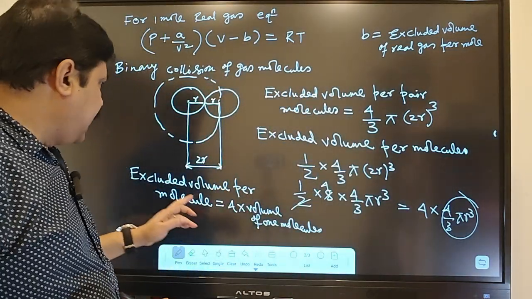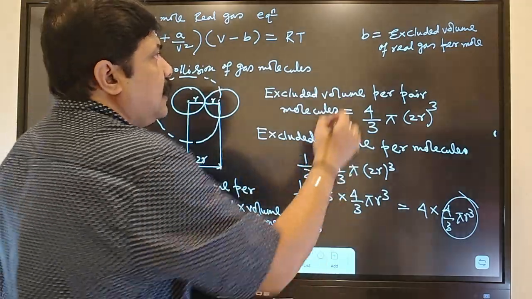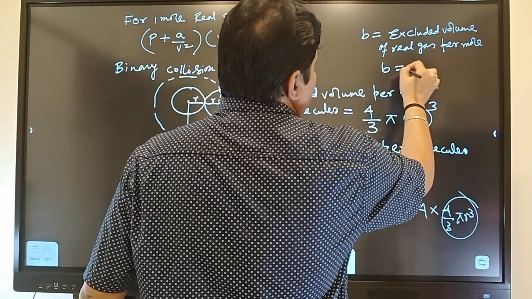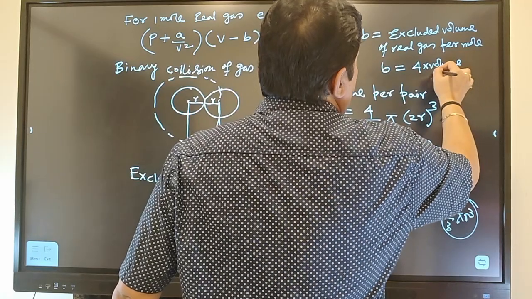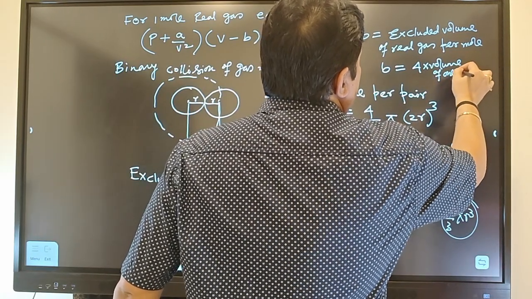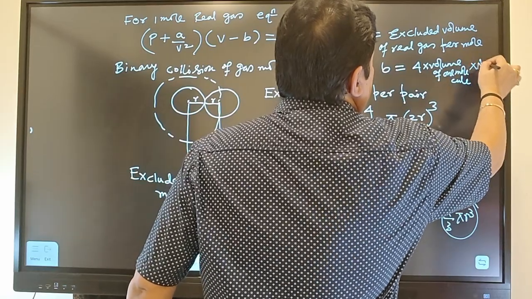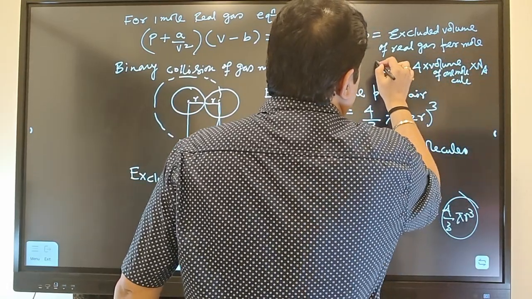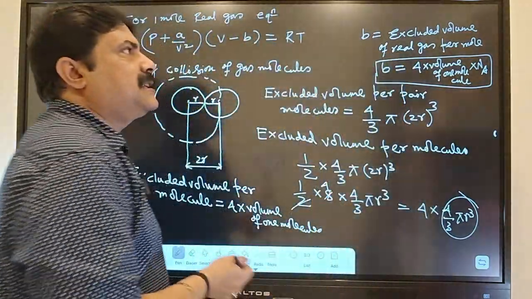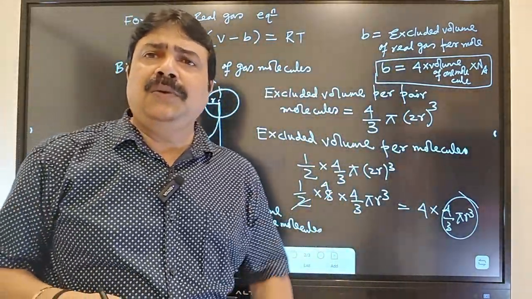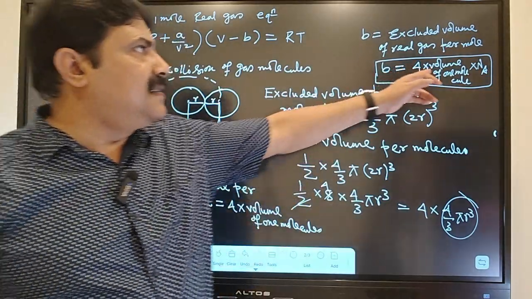Now we got the excluded volume per molecule. That's why B will be equal to 4 into the volume of one molecule into Avogadro number. Avogadro number means 1 mole of molecules. B is generally expressed per mole, and you already know very well 1 mole equals Avogadro number, Na.